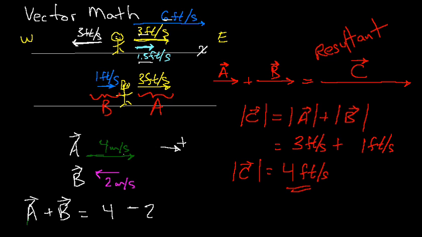You add the 4 and the minus 2 together, and you get vector C, A plus B equals C, which has a magnitude of 2 and is going to the right. And that's all there is to one-dimensional vector analysis. In the next video, I'm going to introduce two-dimensional vector analysis.